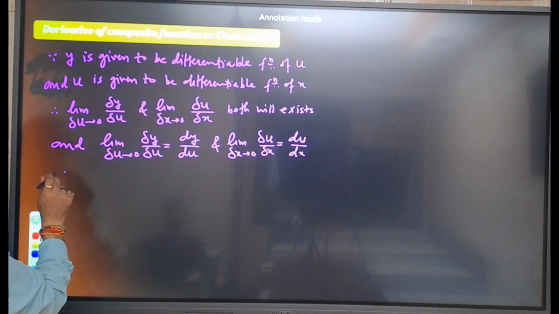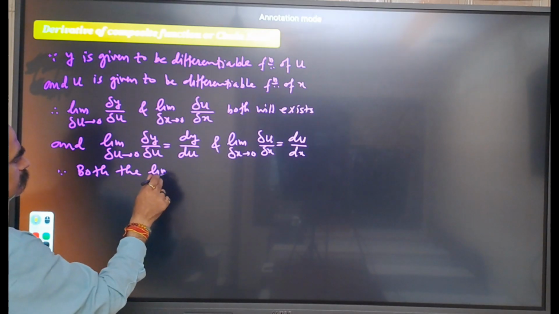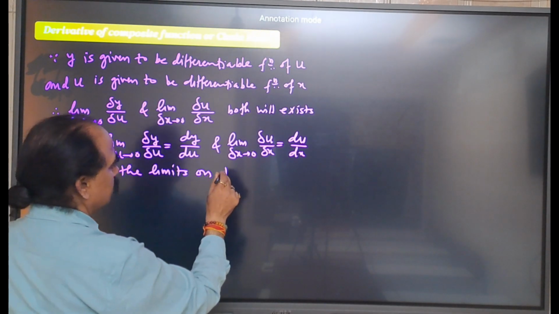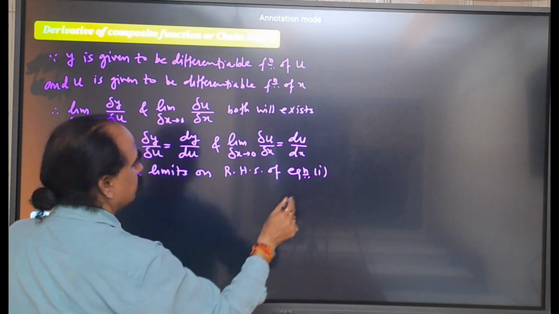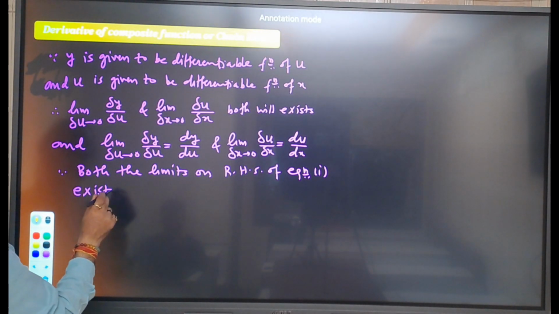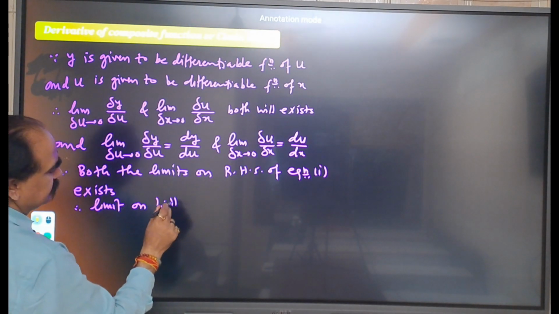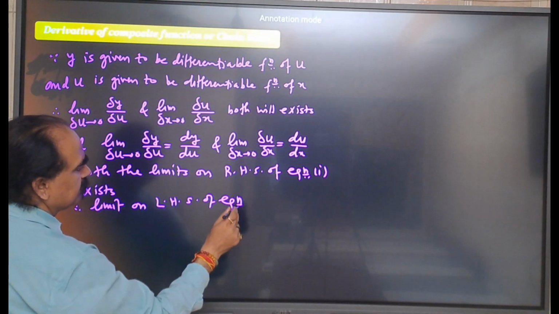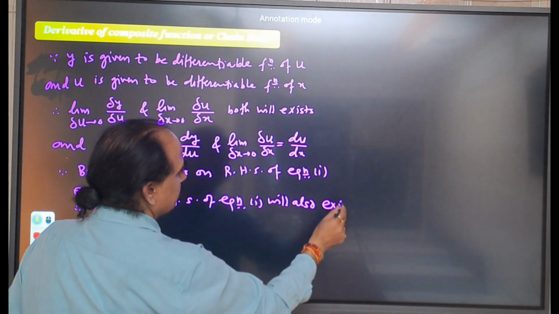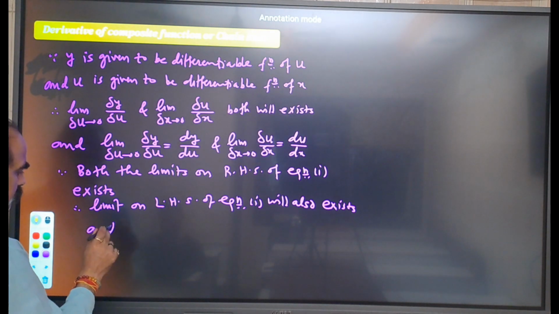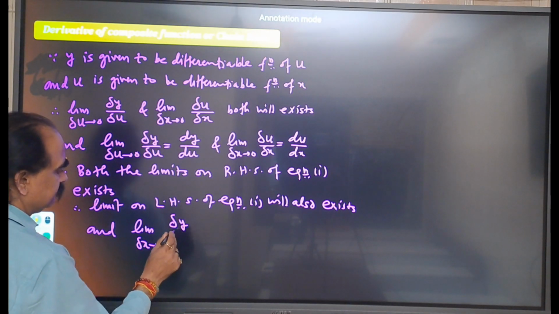Since both the limits on right hand side of equation 1 exist, therefore limit on left hand side of equation 1 will also exist, and limit delta x tends to 0, delta y by delta x.